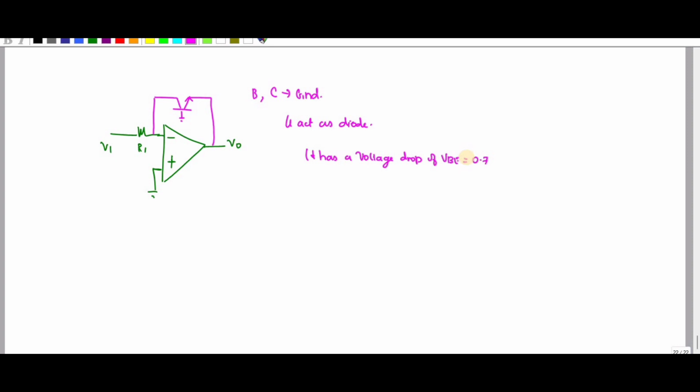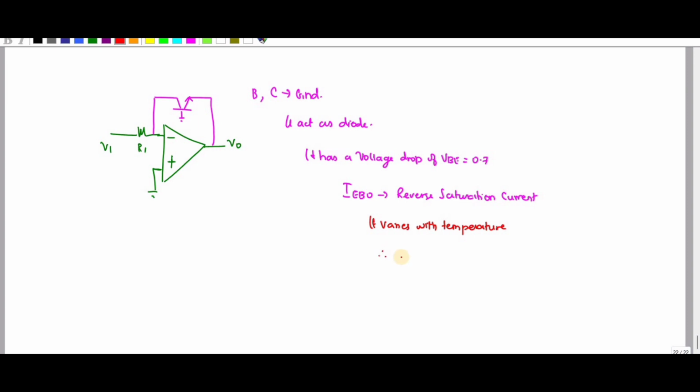Okay. So here the IS value will represent nothing but IEBO. So it is nothing but a reverse saturation current. And this current varies with temperature, right?